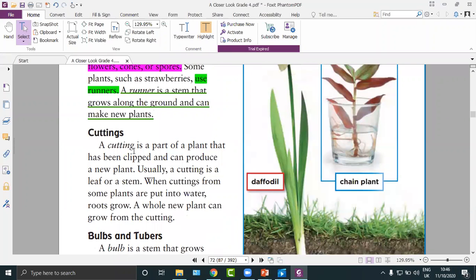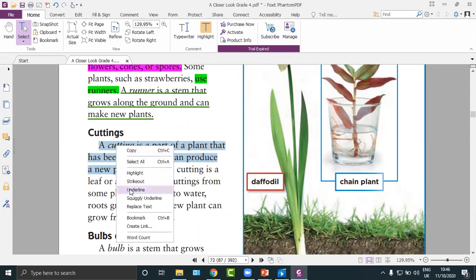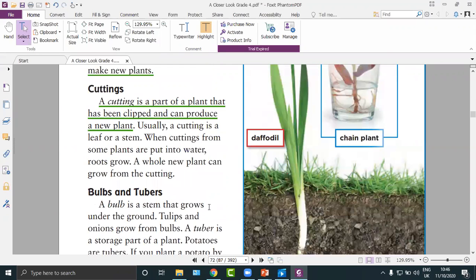Okay, cutting. Yes, read cutting. A cutting is part of a plant that has been clipped and can reproduce a new plant, usually a cutting with a leaf or a stem. When cuttings from some plants are put into water, roots grow.